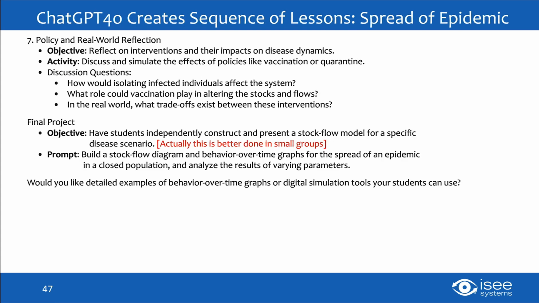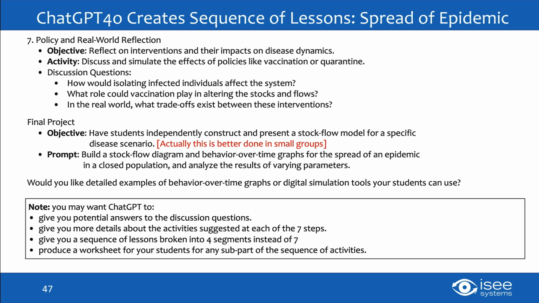I am showing you only the first and the last lesson description and a description of a possible project students could be assigned. As always, it's important to analyze what AI gives you to make sure it is reasonable with one's expectation for what works best in the classroom.